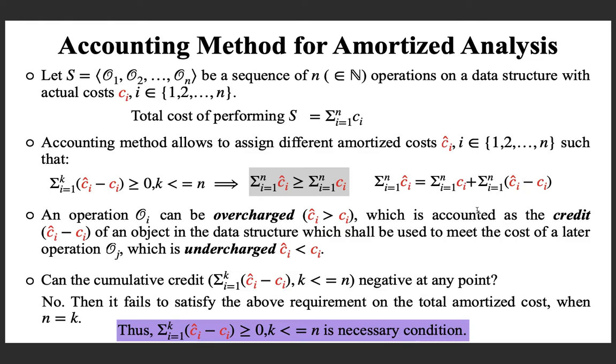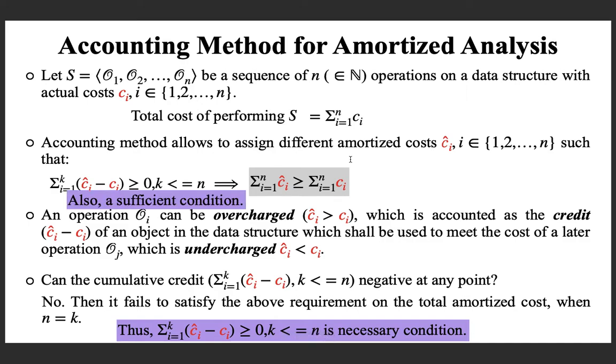The second value here is a positive quantity. And then what we are actually saying is that the total amortized cost is the total actual cost plus a positive quantity. That means the total amortized cost is greater than or equal to the total actual cost, and that is the correctness criterion. And thus, we proved that this is also a sufficient condition.